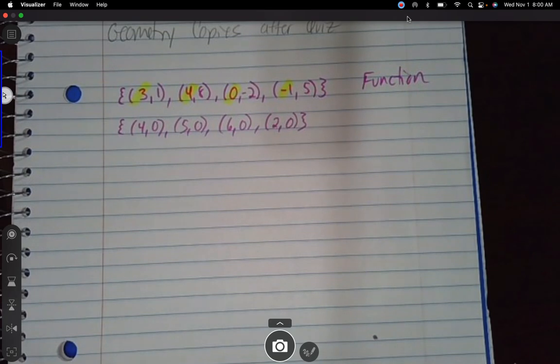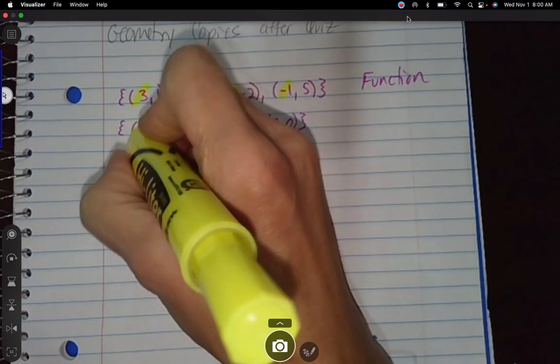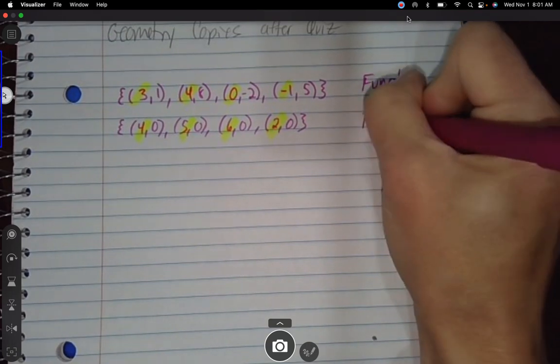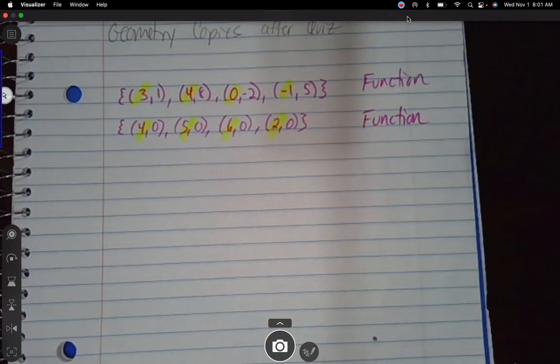Okay, so is this one a function? Yeah, all you do again is look at your x values. They don't repeat, right? So I would cut it out and put that in the function spot.